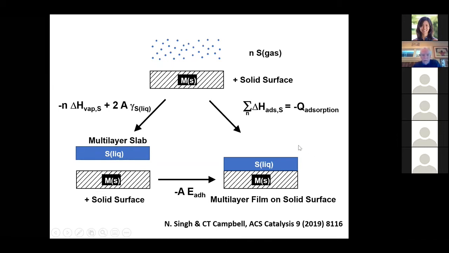The trouble here is that when we do this experiment and make multilayers of a solvent, it's at a condition where it's a solid instead of a liquid. But we go through some arguments in this paper that show that it's not too far off, and it takes a while to prove that, so I'm not going to go through that part of the arguments here.